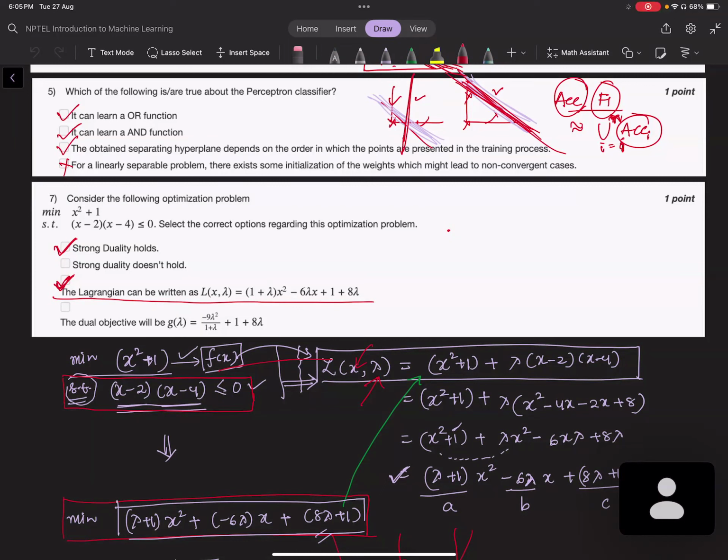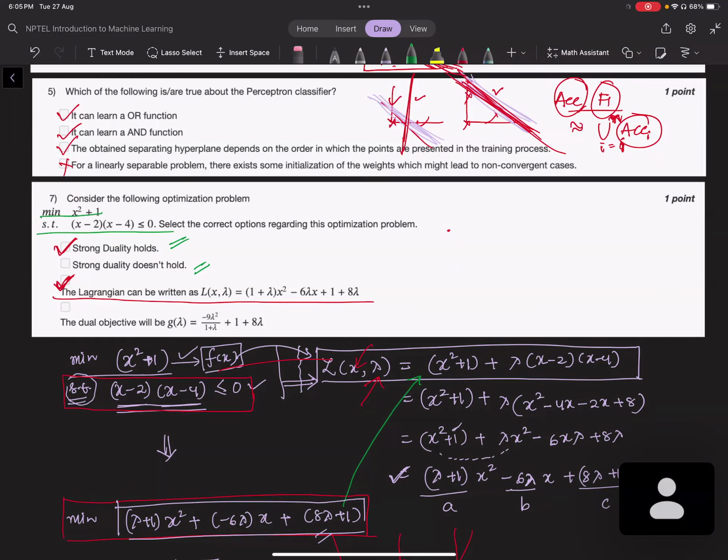So we have this optimization problem here. People are still joining, but since this was the question from the last class, I'll just discuss it as it is. This is our optimization objective, and this is your constraint.